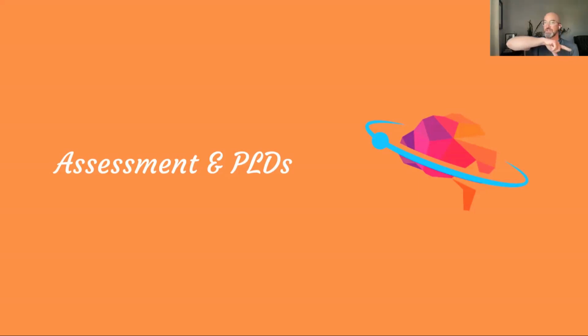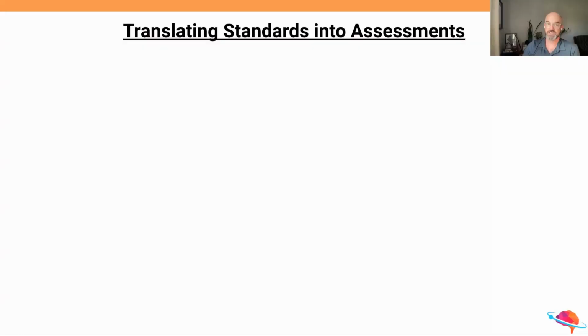Now I want to take you to the end of this cycle, or at least the beginning again, if we're looking at that 5E model, where now we're looking at how we gather data and how we assess before we bring everything back around. I want to talk a little bit first about translating standards into assessment and provide some context.